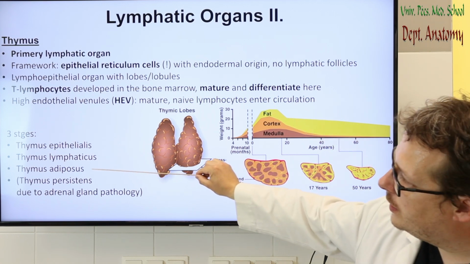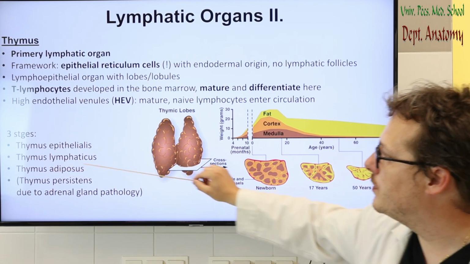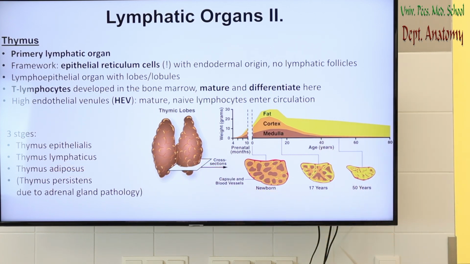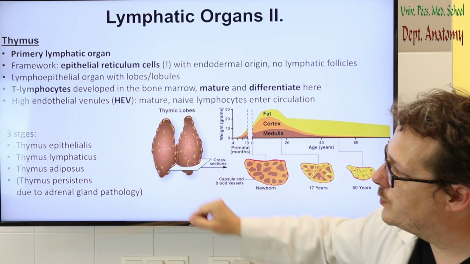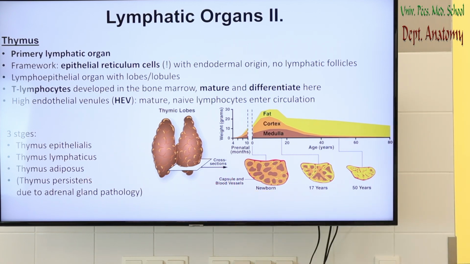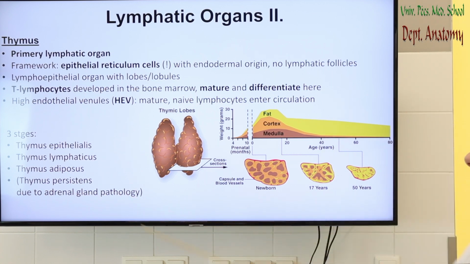So that's how the thymus involution happens, and the thymus becomes the thymus adiposus. In most of our adult lives, we have this organ. However, there is a fourth possibility, the thymus persistens. This is a sort of pathological stage which can be caused, for instance, by adrenal gland pathology.